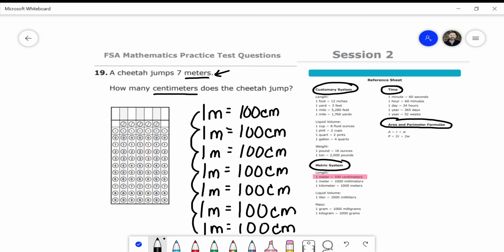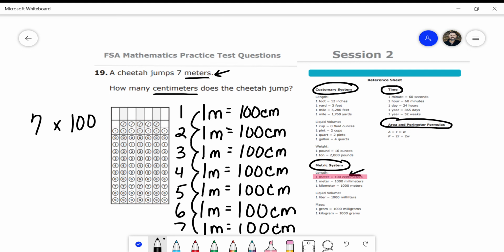7 meters. So we can see 1, 2, 3, 4. Oh, actually, let me do that a little better here. Sorry about that. So 1, 2, 3, 4, 5, 6, 7 meters. We repeated the 100 right here. Our conversion is we repeated the 100 7 times.